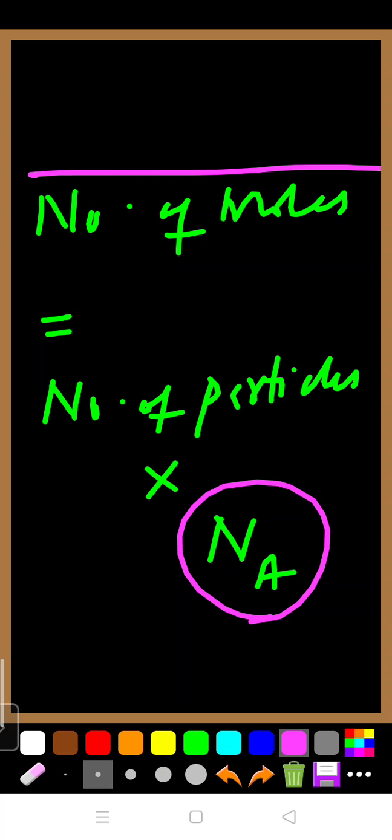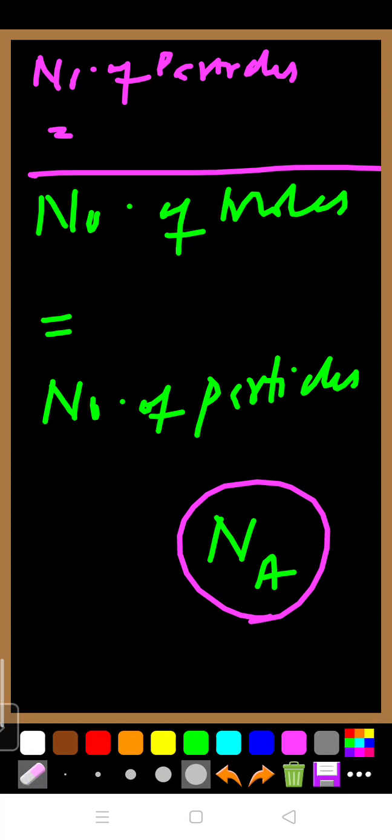The vice versa formula will be, if we want to calculate number of particles, how can we calculate it, class? एक मिनट, मैंने कुछ गड़बड़ कर दी है. नंबर ऑफ पार्टिकल्स अपॉन Na होता है यहाँ पे, divided by Na.